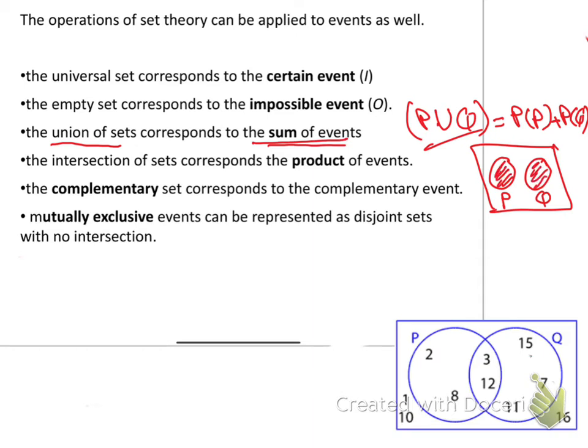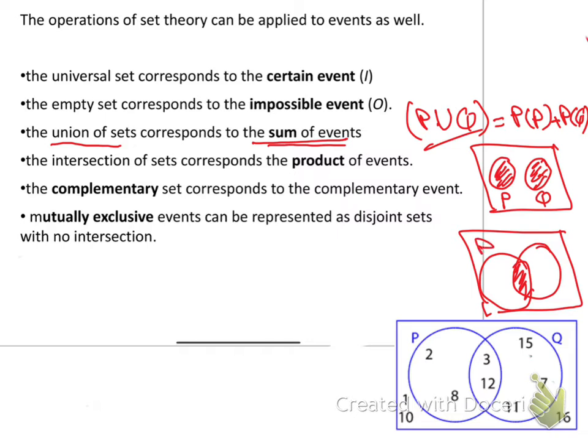Because it could happen here, if I pick a number randomly, it may be picked from here or from here. So it has a bigger chance. Okay? But if they are not disjoint, so they have an overlap, they have an intersection, this area.